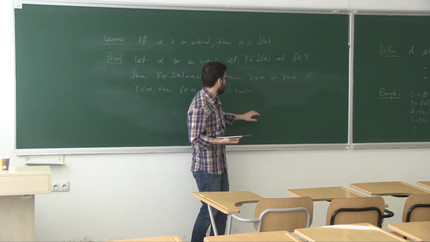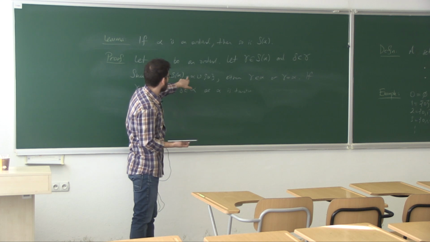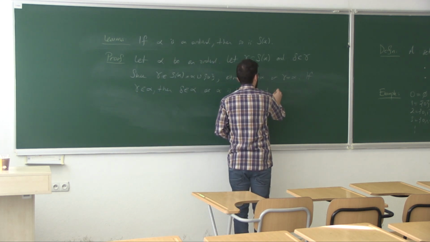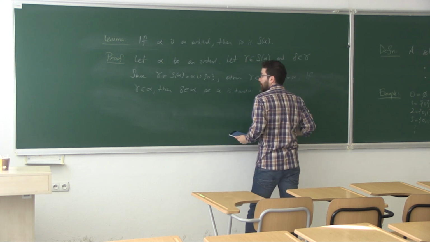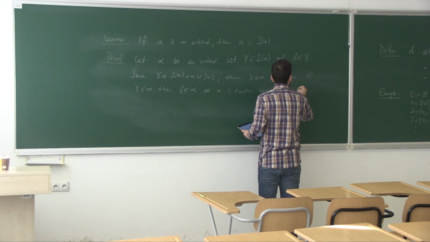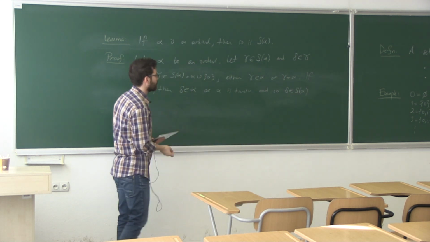is a member of alpha, but then, well, alpha is also a subset of S alpha, which means that delta being an alpha implies that delta is in S of alpha. Okay?